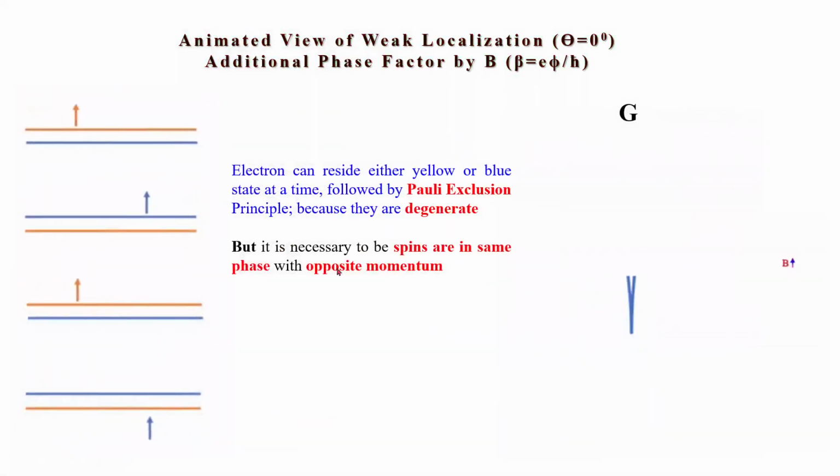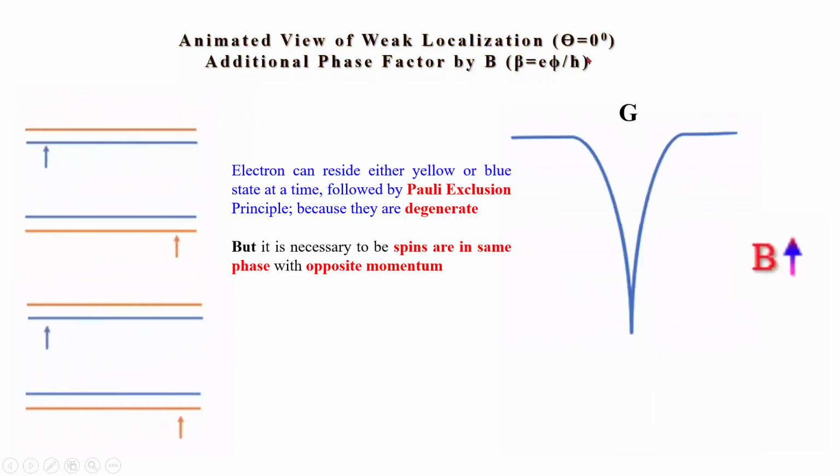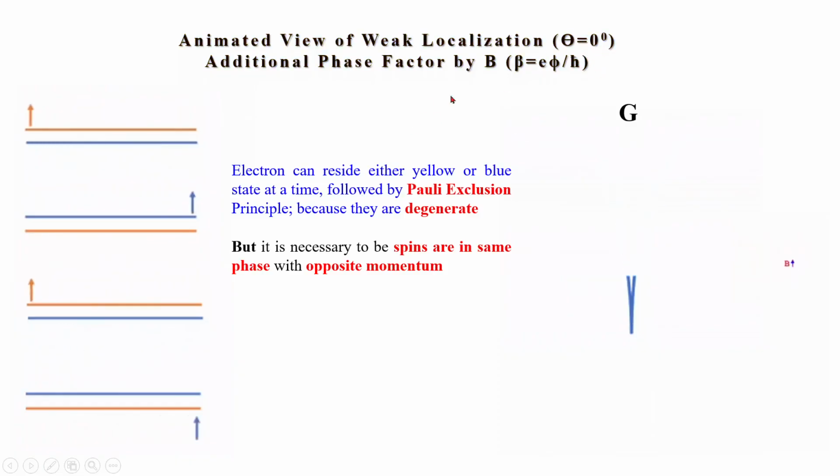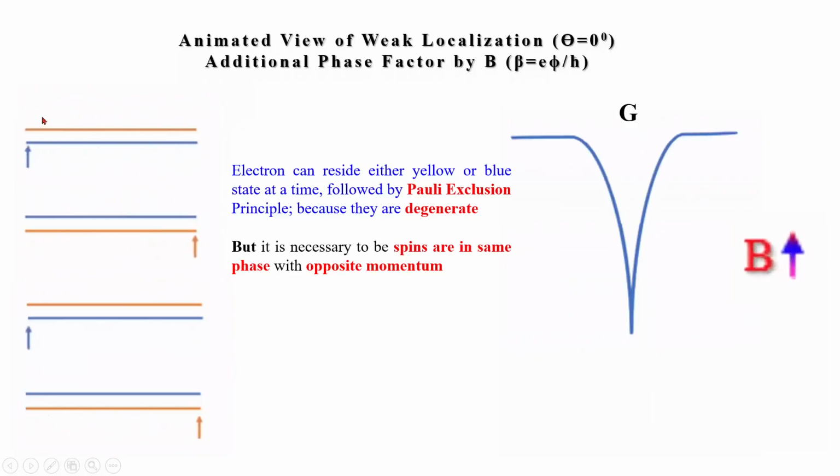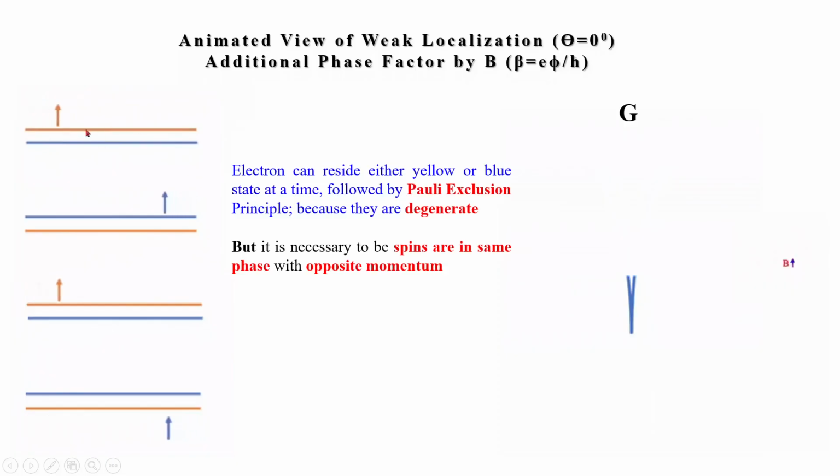And here we are showing some animations of weak localization. In the case where the electrons are in the same phase, meaning they are in the parallel phase, this is what we see in the topological insulator, because they are in the Kramers degeneracy form. So these are the two possibilities shown here, with the electron in the yellow and blue state, and this also shows the electron in the yellow and yellow state.